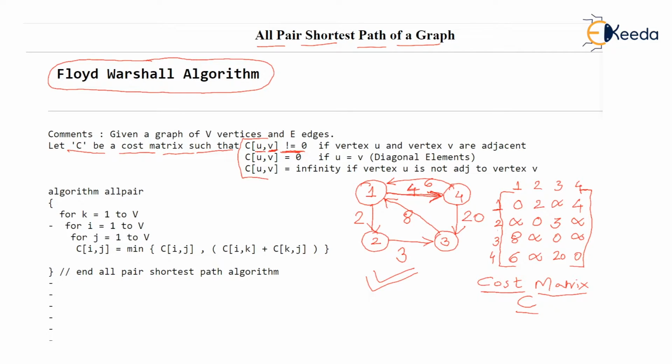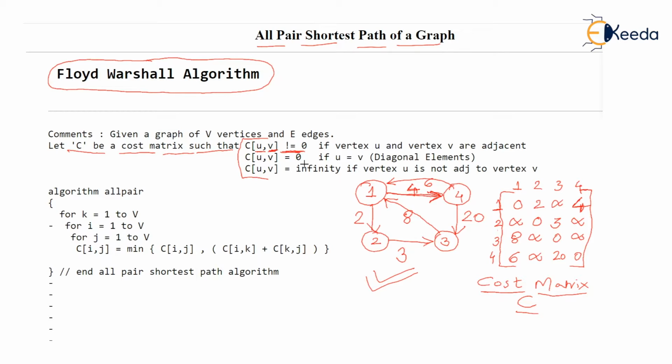So, in the matrix, row 1 and column 4 is going to store 4. I hope you are observing it. So, if U is having an edge to vertex V, then in U row and V column we will store the weight. This is the first rule.